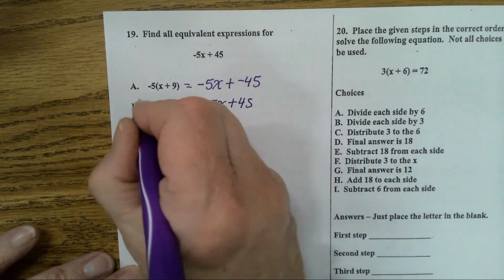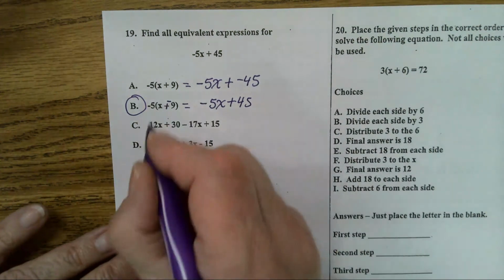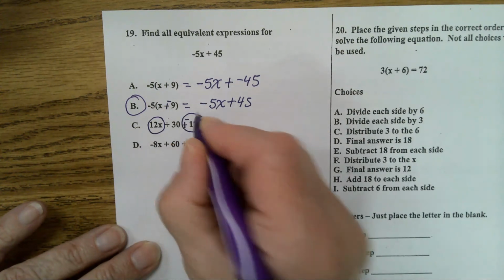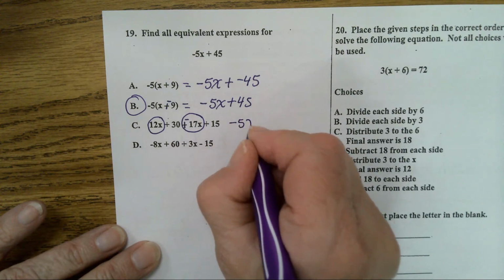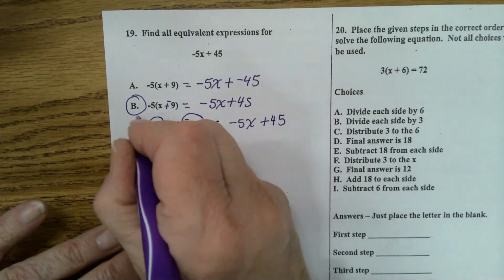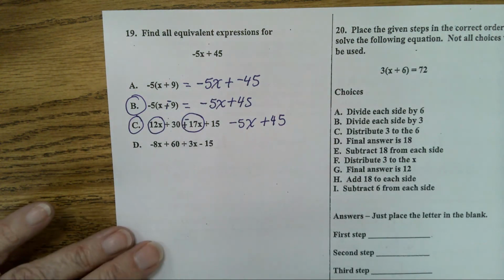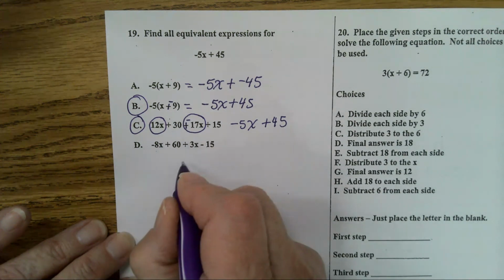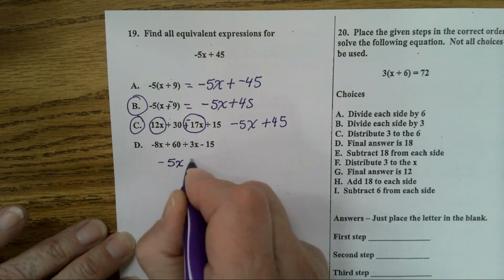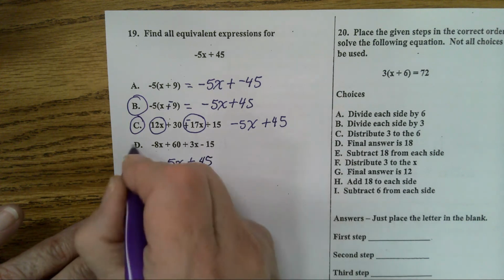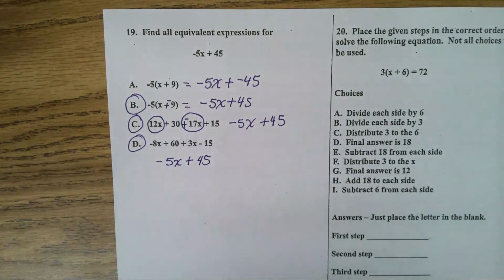Yep, circle B. This one, add the opposite. 12x plus negative 17x is negative 5x, and 30 plus 15, 45. Circle C, it equals the same thing. In this one, negative 8x plus 3x is negative 5x. 60 minus 15. And D, there are 3 of them that match this one. So number 19, all 3 of them equal it.